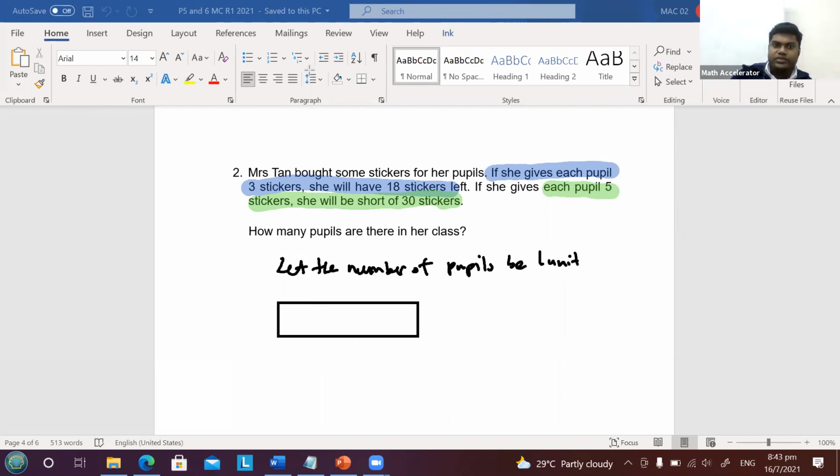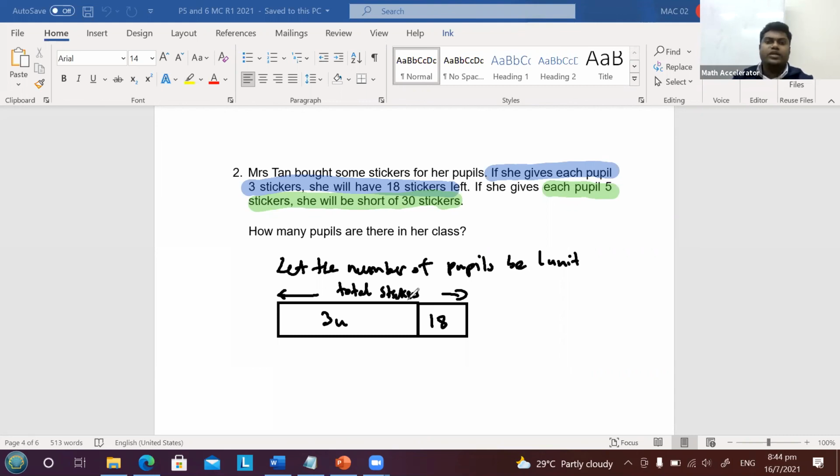To draw for 3 units, add the 18. So quickly put down the total number of sweets. Not sweets, sorry, stickers.